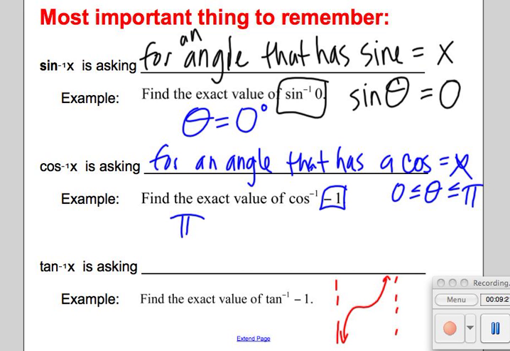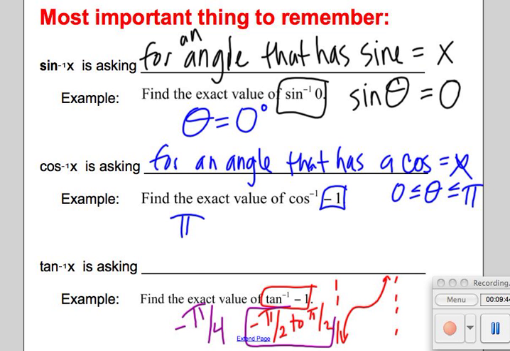So the tangent actually will have the same range as sine. It'll be from negative pi over 2 to pi over 2. That's the possible values we're looking for. So we look at our unit circle, we find out where the tangent is negative 1, and we see that it's at negative pi over 4. We're looking for the angle that has a tangent of negative 1, negative pi over 4 in that range, and this is the range for tangent.